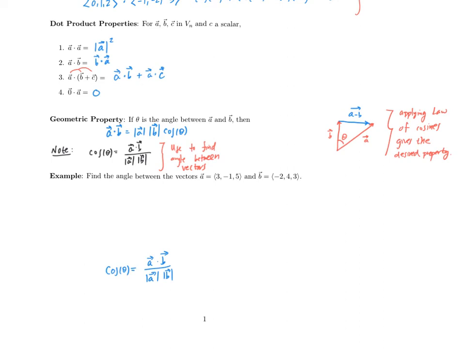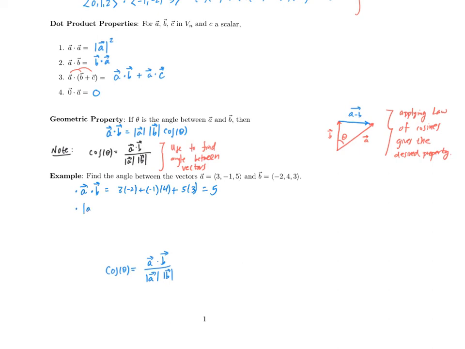So let's go ahead and calculate those. So let's first work with our new quantity. A dotted with B would be 3 times minus 2 plus minus 1 times 4 plus 5 times 3. So we have minus 6 minus 4 plus 15, which would give us a positive 5.